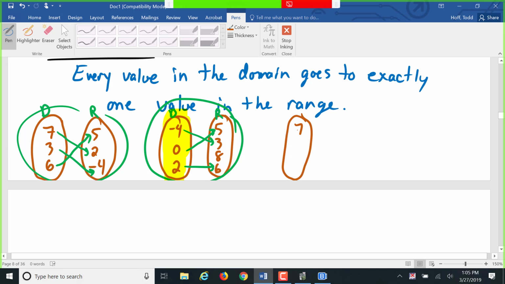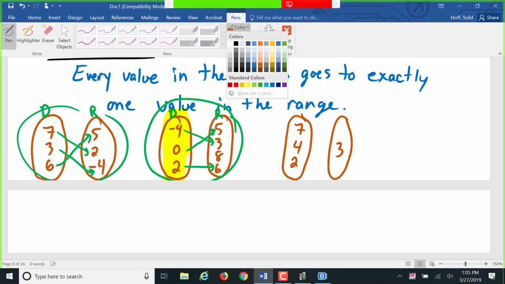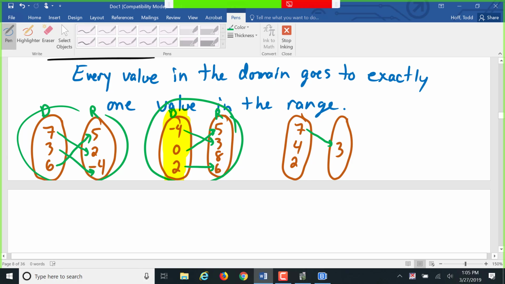I might have this. Is that a function? Does every value in the domain go to exactly one value in the range?